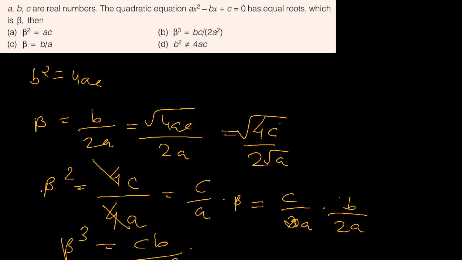Now I have multiplied both sides with beta, so beta square into beta is beta cube, which is equal to cb upon 2a square, which is nothing but this option, beta cube is equal to bc upon 2a square. So this is the right answer.